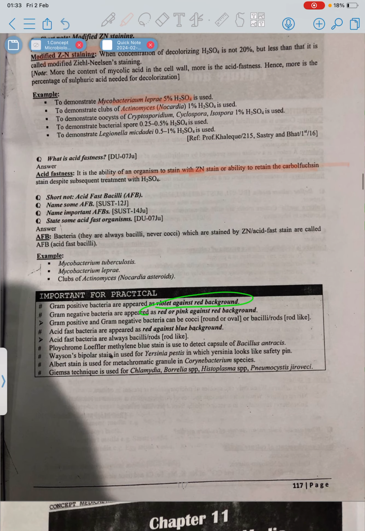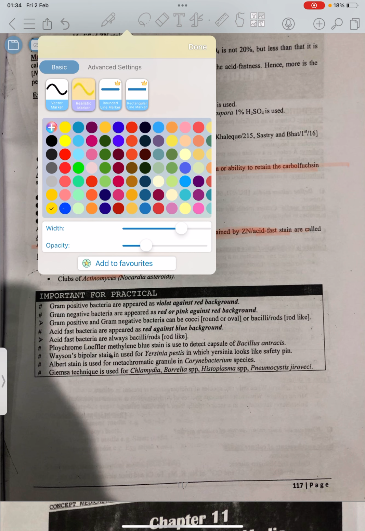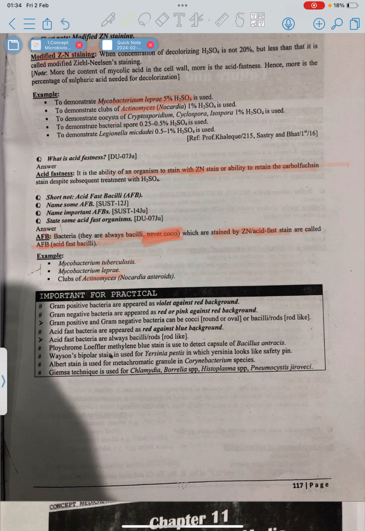And acid fast bacilli are the bacilli, never cocci, okay? Never cocci. These are bacilli which are stained by Ziehl-Neelsen stain, known as acid fast bacilli. Mycobacterium tuberculosis, leprae, actinomyces are examples. So, to summarize, gram positive organisms appear as violet or purple against red background.